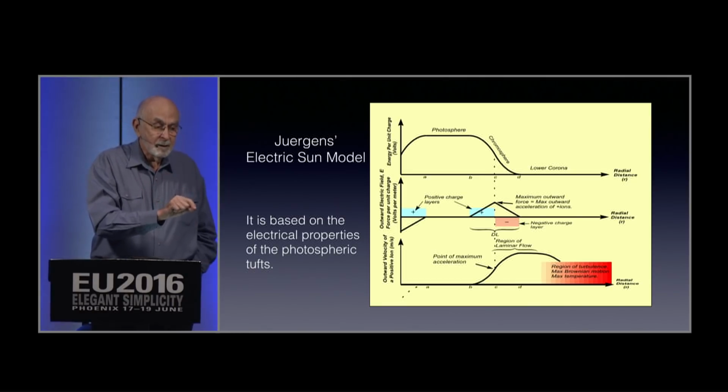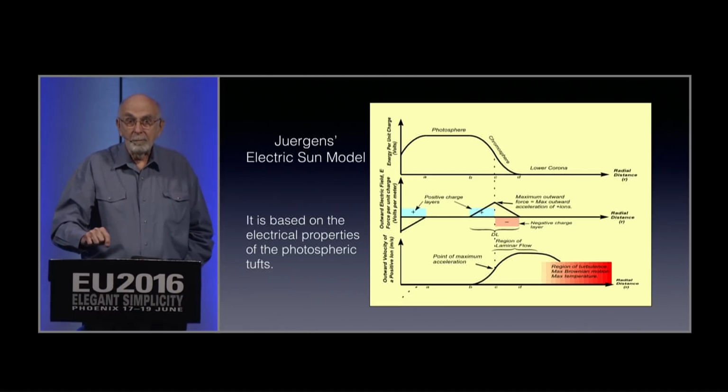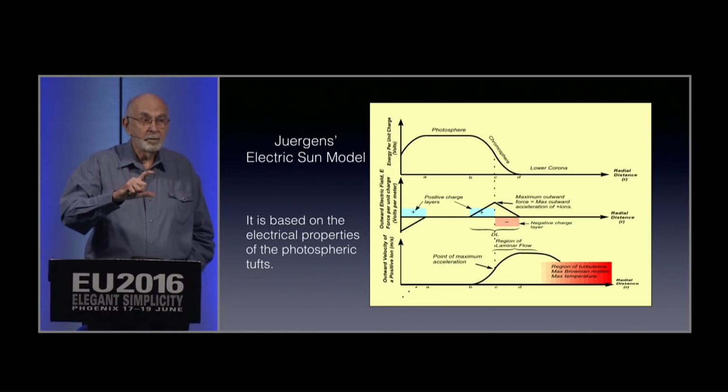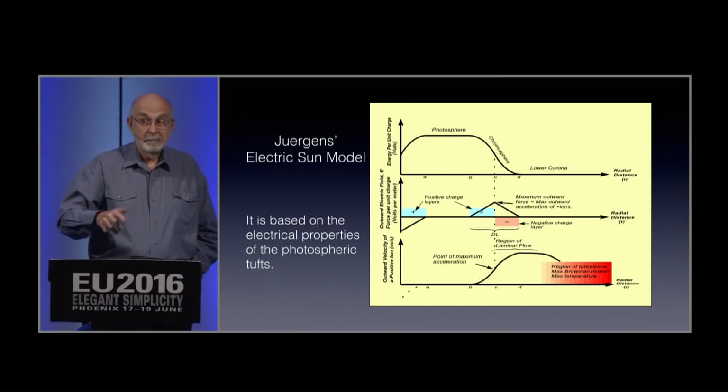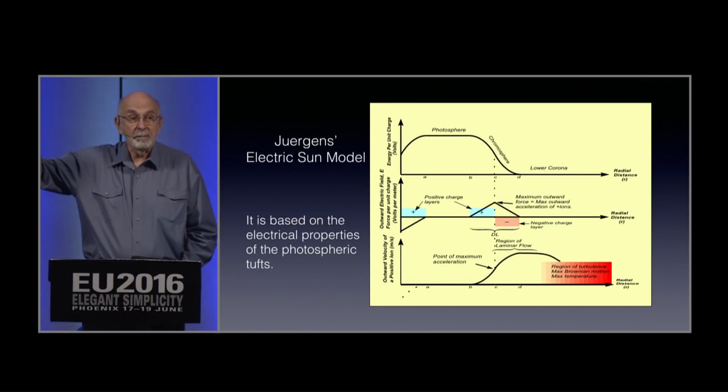A positive ion is accelerated by a voltage drop. The higher the voltage drop, the higher the resulting velocity. It's like saying if you drop a rock from a height, if you drop it from 1 foot, it'll get to a certain velocity when it hits the floor. If you drop it from 10 feet, it's going faster. Okay? That's all it is.